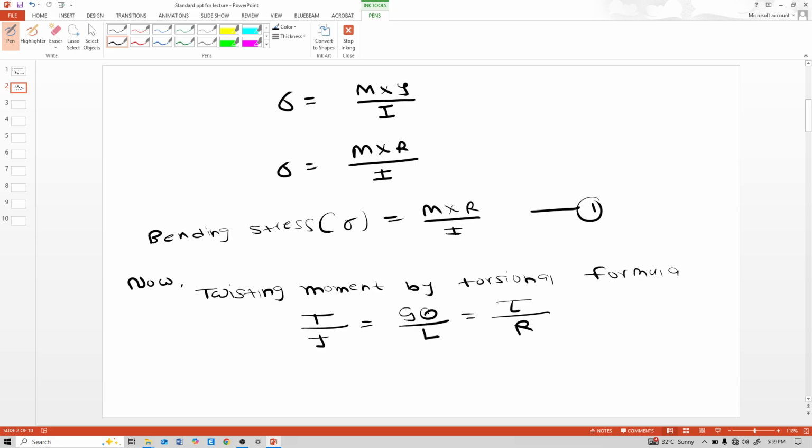So in this derivation, we will only use T by J and tau by R. Remember this.